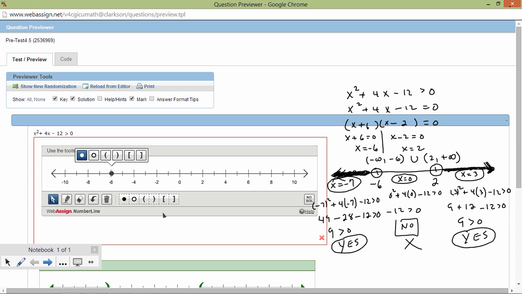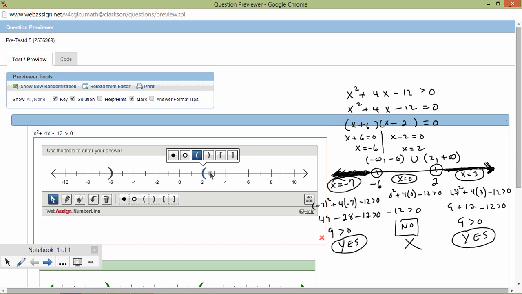Right. So I put the minus 6 there, and I want that to be open. So I use the open symbol. And then I go down to 2, and I want to identify the number 2 that I'm concerned about. And I identify that as an open interval.